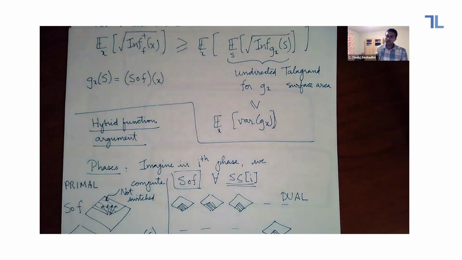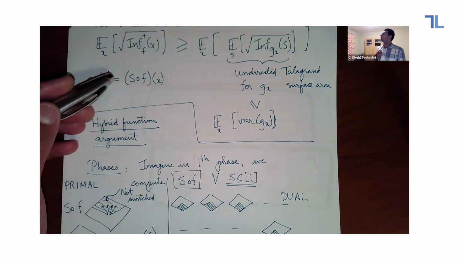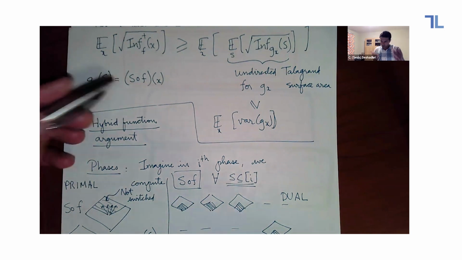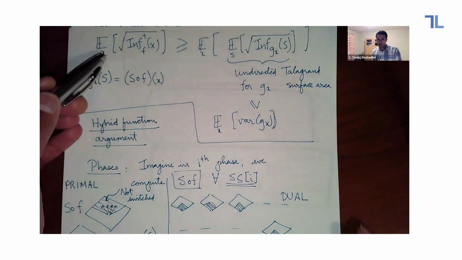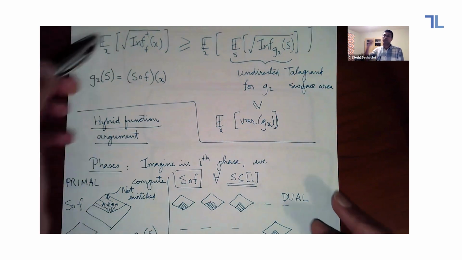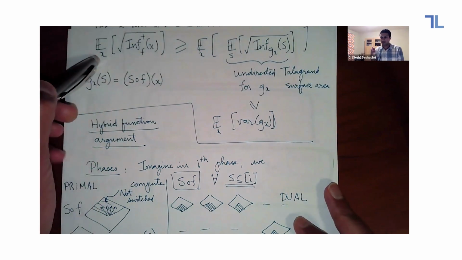Right? So something like that. In some sense, even if you could show what you were saying, you have to relate somehow this objective to the distance to monotonicity.